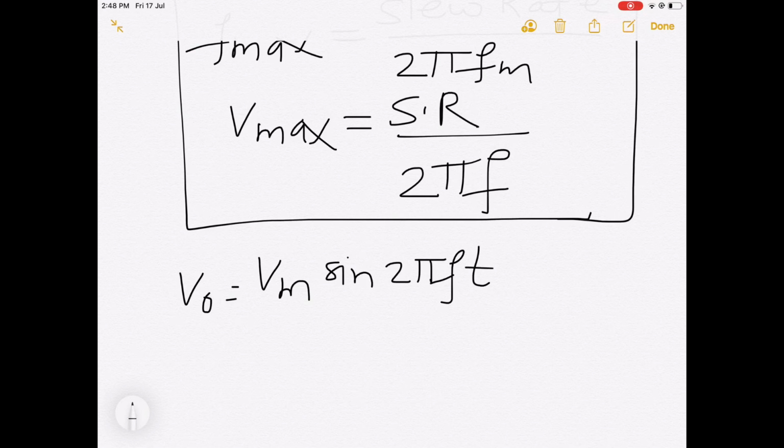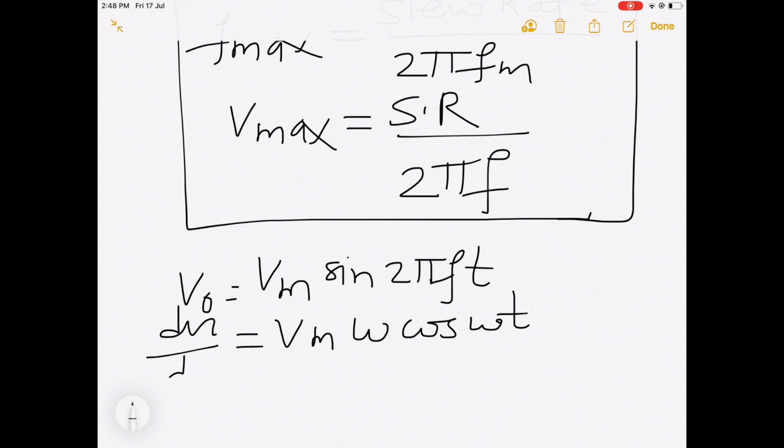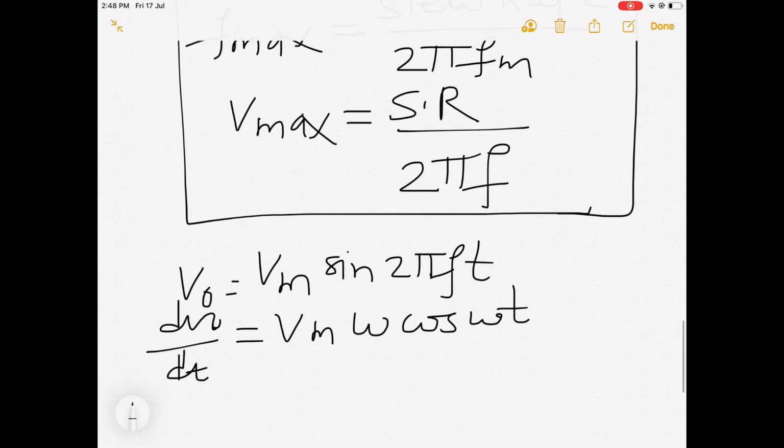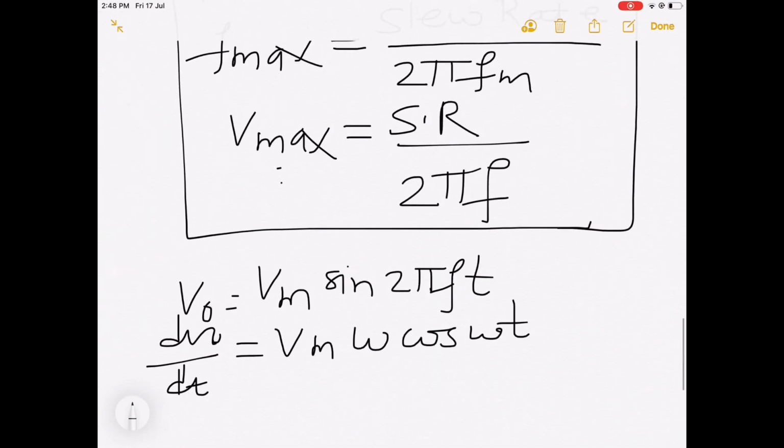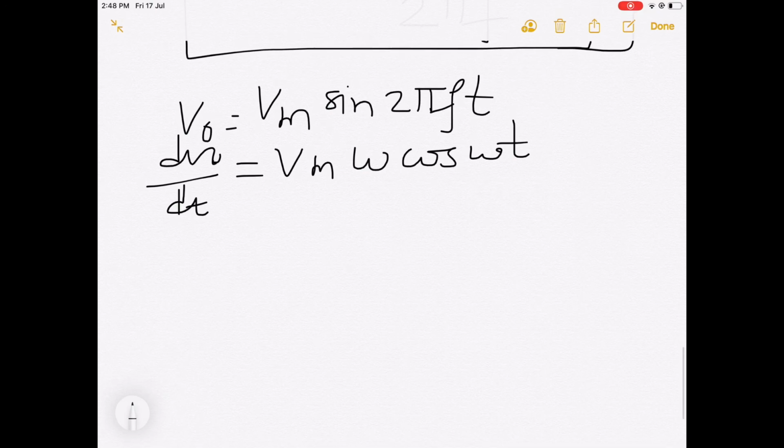So the rate of change of output becomes Vm omega cos omega t. dVo by dt is nothing but your slew rate. The peak amplitude is given by 2 pi f into Vm.